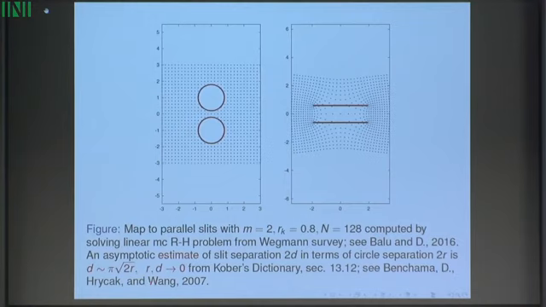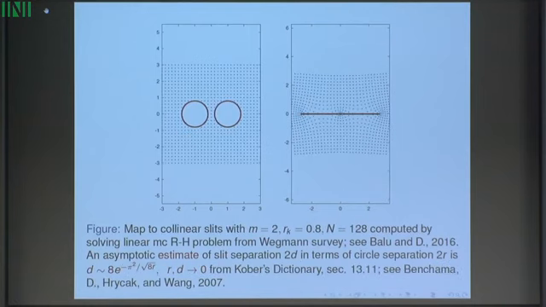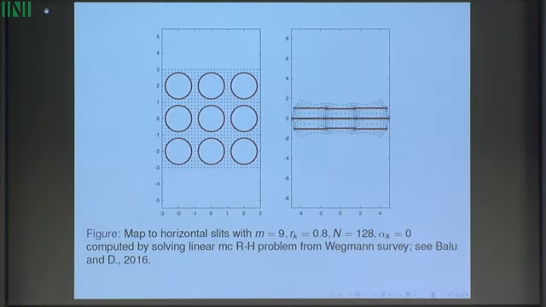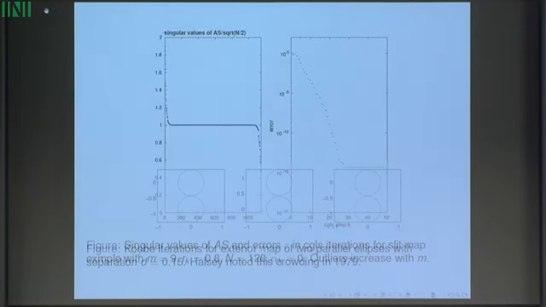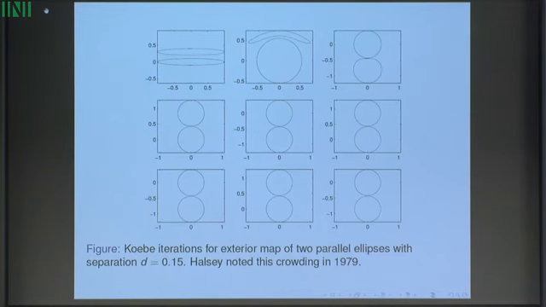And D goes like square root of R, but actually it's worse in the other direction with slits that are going to touch. In one sense it's exponential going from here to here. And those are gotten from Kober's dictionary. Here's a combined one, and a few other pictures here.